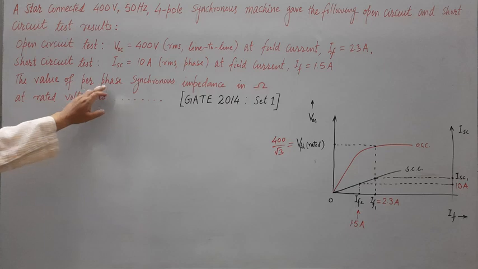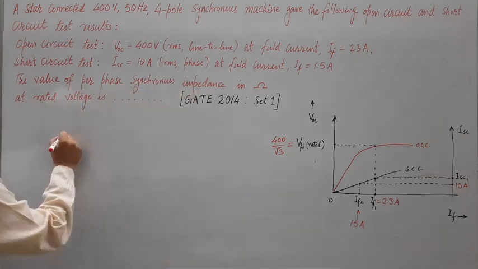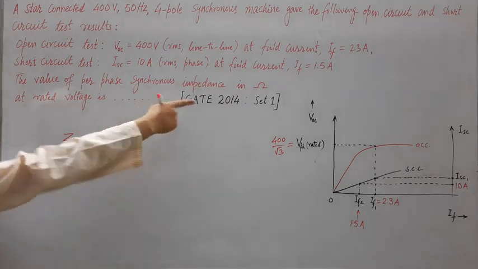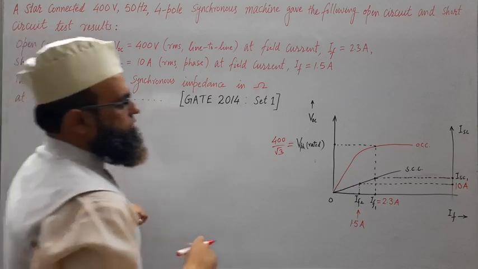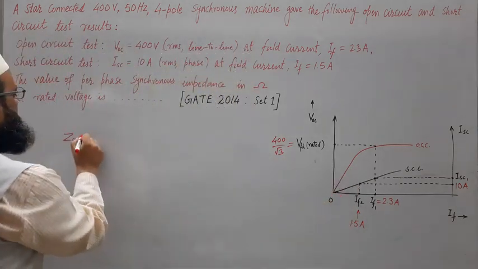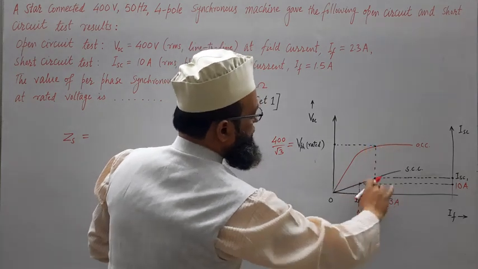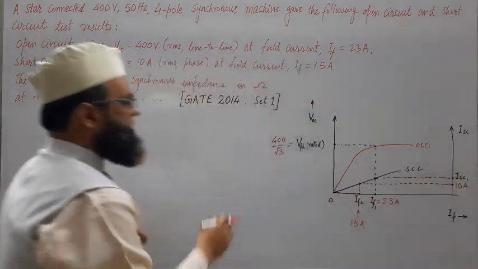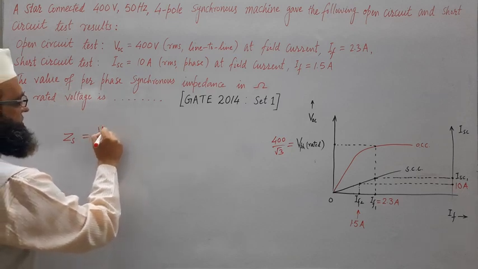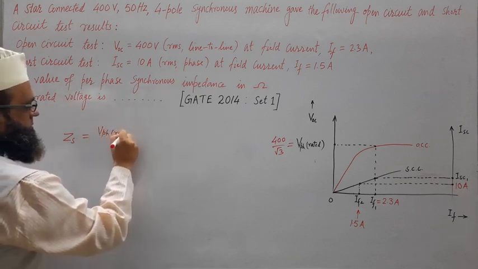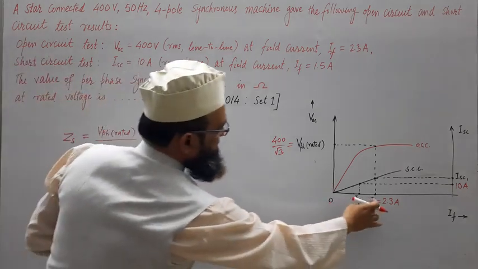Now we need to evaluate synchronous impedance, that is ZS, at rated voltage. It means we know that this is nothing but open circuit voltage upon short circuit current, that is ISC1. So from here we may write VPH rated upon the corresponding short circuit current at the same field current.